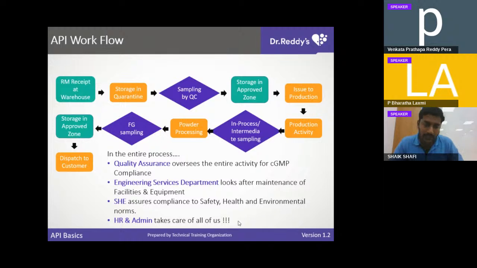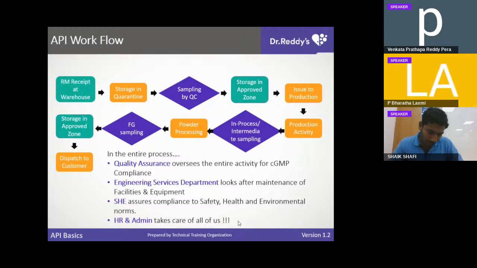If it is approved, it is kept in the approved zone. Then, as per the request from production, the warehouse dispenses the material based on the batch requirement and sends it to production. As per the batch process, production starts the activity. In between, they send samples to QC for checking.